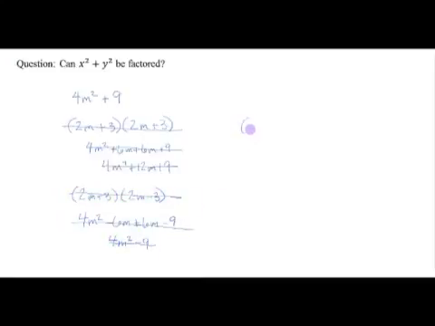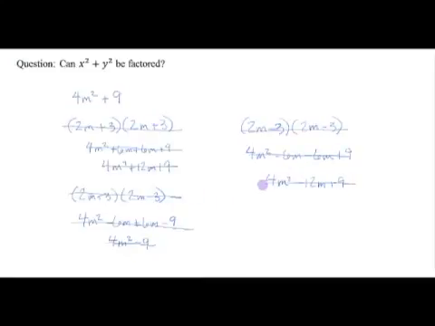One thing left to check is maybe we could try 2m minus 3 and 2m minus 3. So 2m times 2m again is 4m squared, a negative 6m, a negative 6m, and a positive 9. Collecting like terms, I have a middle term which I don't want, so this can't be the factorization of that either.